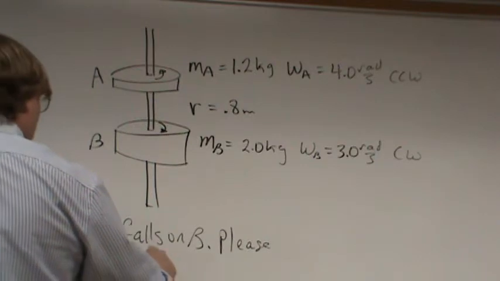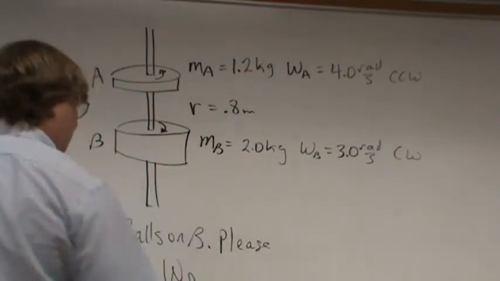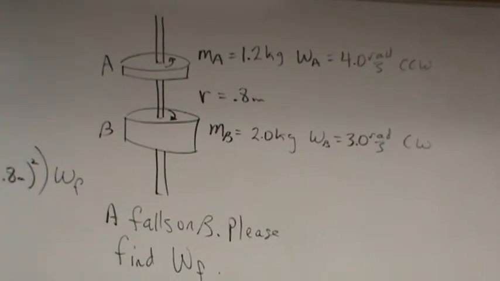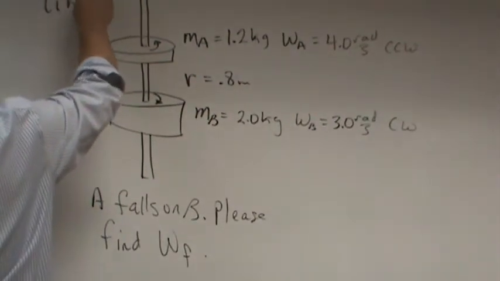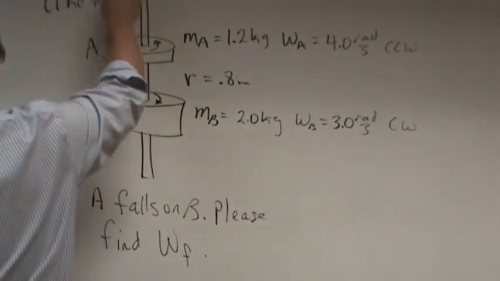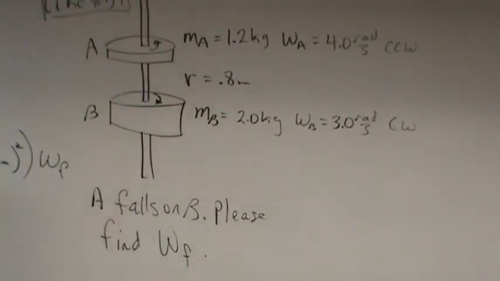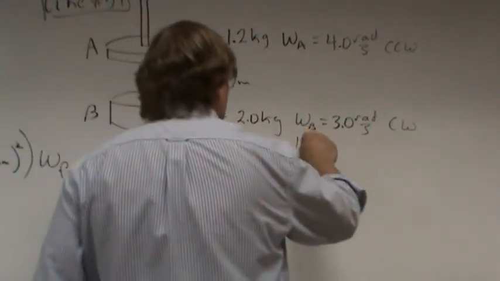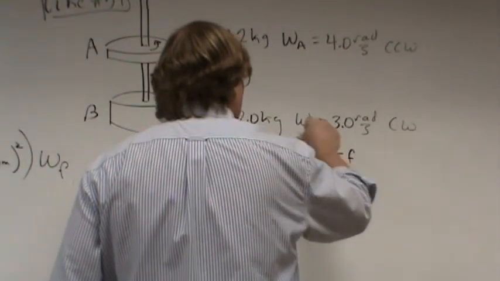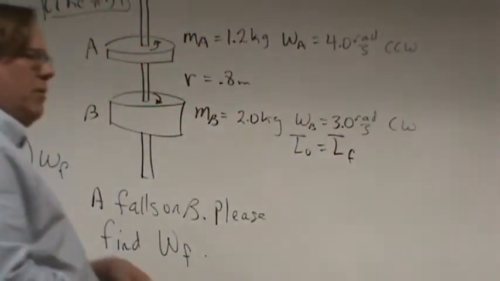Please find the final angular velocity of the A-B combination. And this is, by the way, like problem number 57. Okay, good luck. Please do this. I'll give you a minute, then I'm going to have to do it. I do want everyone to start with this, though. Initial angular momentum equals final angular momentum, because there's no external torques.